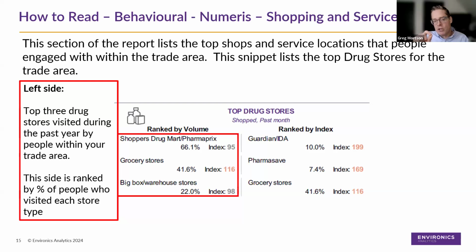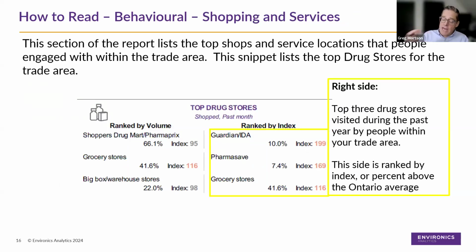So you can see that this is ranked by percentage of the population within my trade area that went to these different types of drugstores over the past month. And again, those index values show you how that compares to the provincial average. On the right-hand side, we start to look at a different way of ranking these folks.